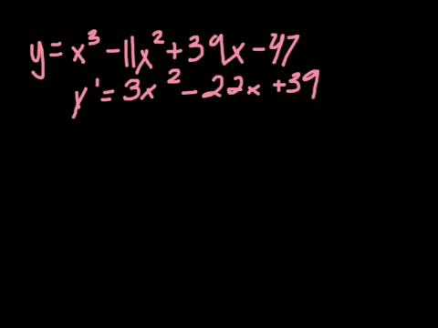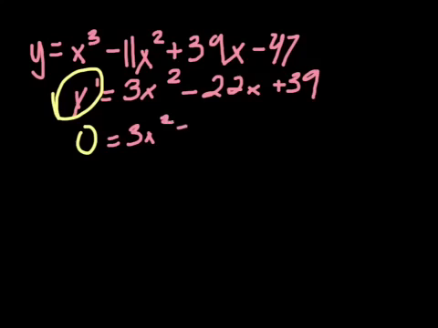Next, to solve for critical numbers, we have to make this equal to 0. So 0 equals 3x squared minus 22x plus 39. From there, we can factor.